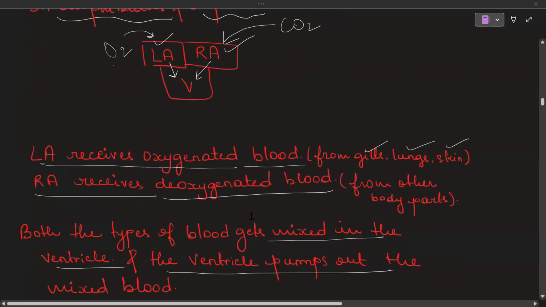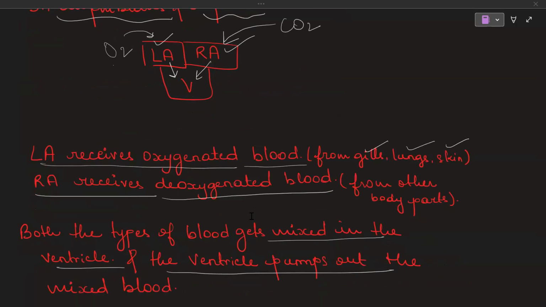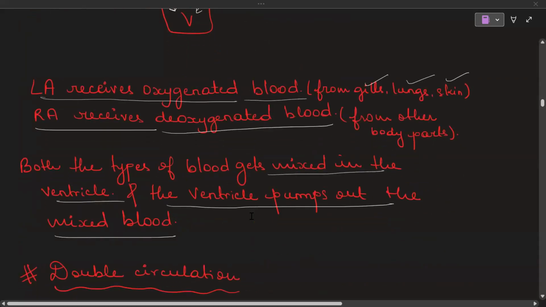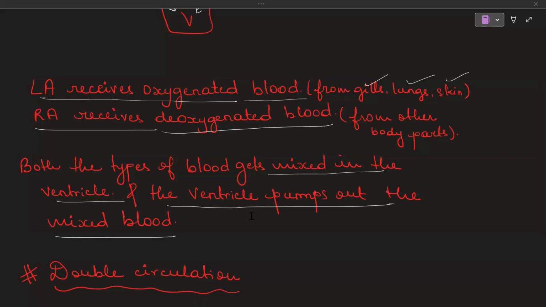And the right auricle will always receive the deoxygenated blood from the different parts of the body. Now, in the case of amphibians and reptiles, blood from both the auricles gets mixed in the one ventricle, and then the ventricle pumps out the mixed blood. So this phenomenon is known as incomplete double circulation.